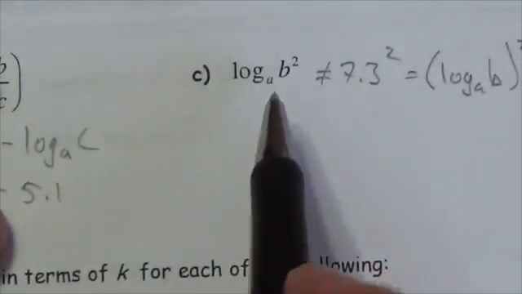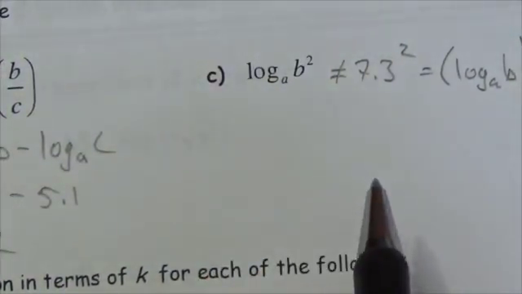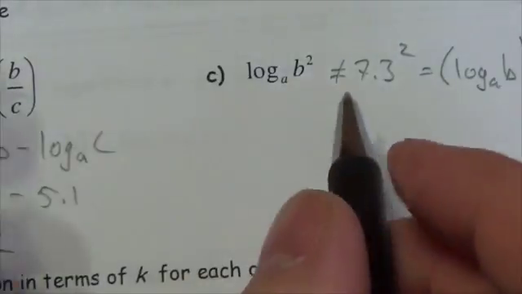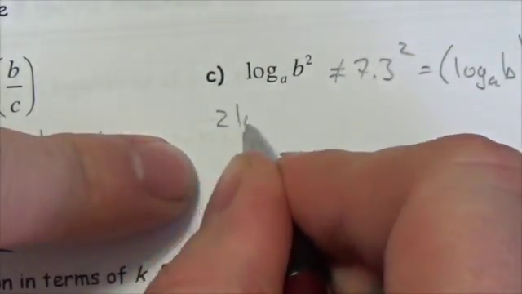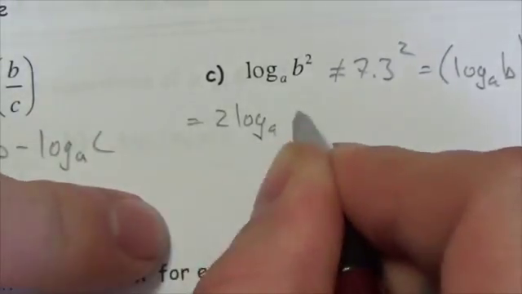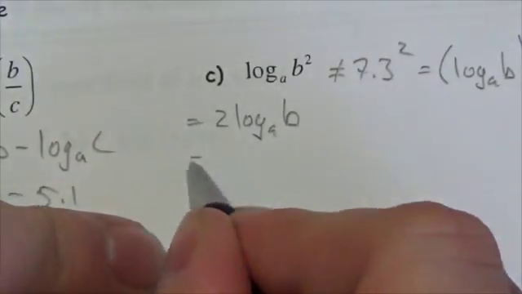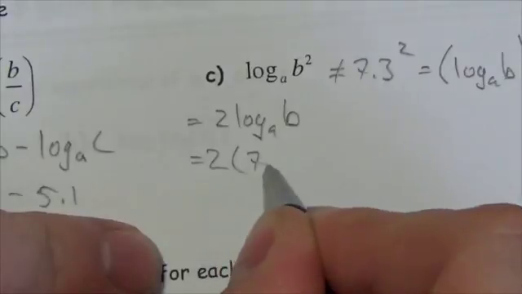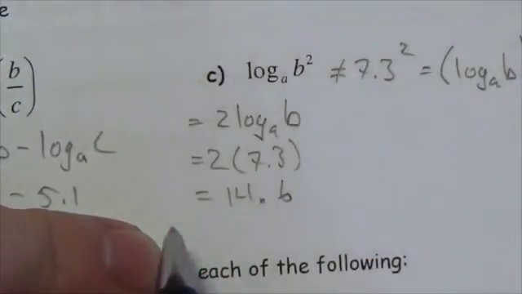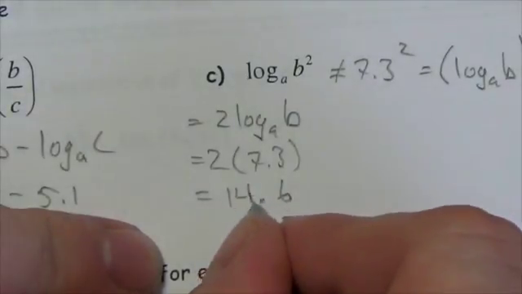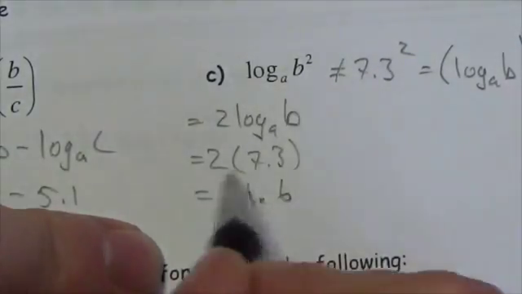But when you write it like this, that's not true. It's only the b that's being squared, not the logarithm. So in order to make that the same, I got to bring that 2 out. And so this is actually equal to 2 times the log base a of b, but I know that the log base a of b is equal to 7.3, and so when you multiply that together, you get 14.6. So the log base a of b squared is 14.6.